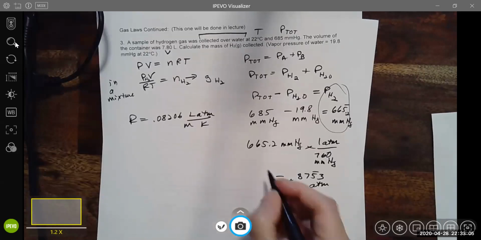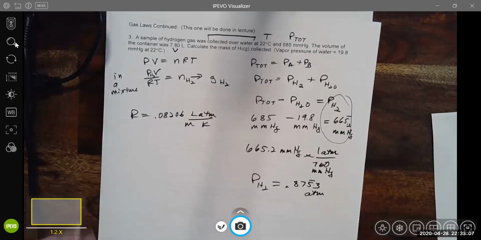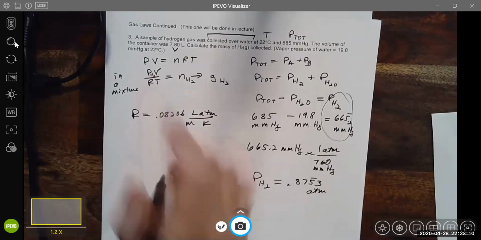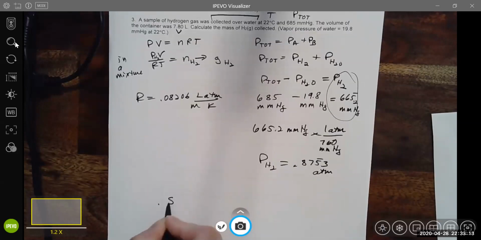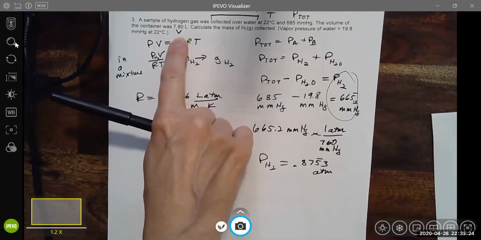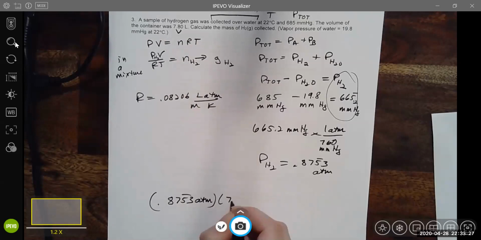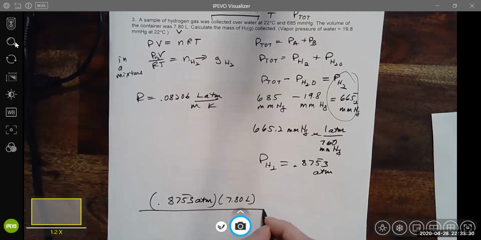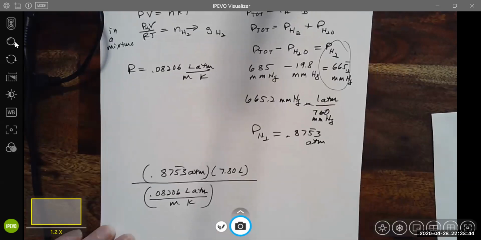Now that is my pressure of hydrogen in atmospheres, and I'm going to put it in this equation. 0.8753 atmospheres, that's my pressure of hydrogen. Volume was my 7.80, divided by R. There's my R. And divided by temperature.